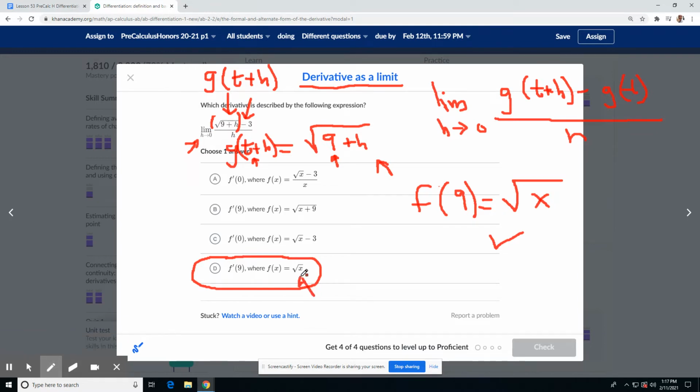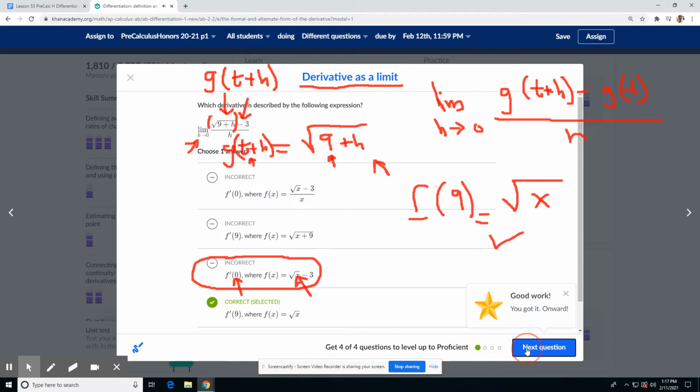So there's our function right here, f of x. And then this is where we're talking about f prime of 9. So there's our number that's getting plugged in for t. We're talking about a derivative using the limit definition of this function. Okay. Let's go ahead and check on the next one.